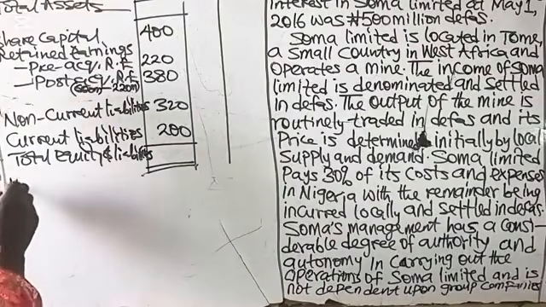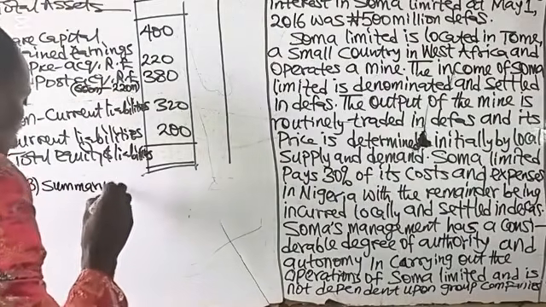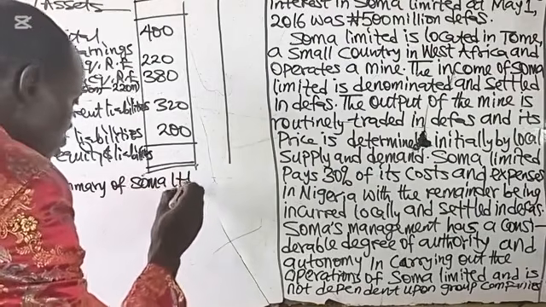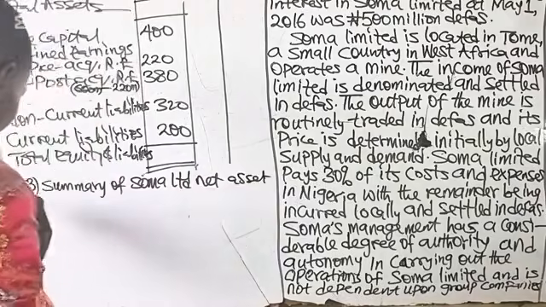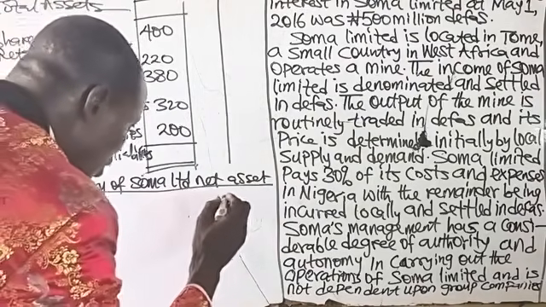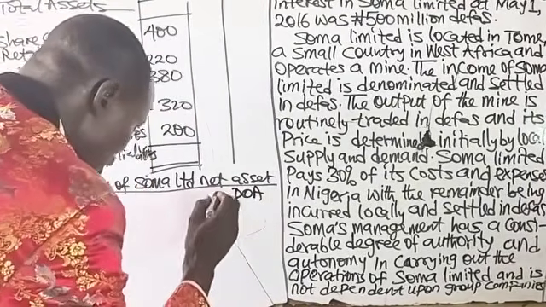Working 3, summary of Soma Limited net assets. You know, we normally have a column for date of consolidation, date of acquisition, and post-acquisition period.